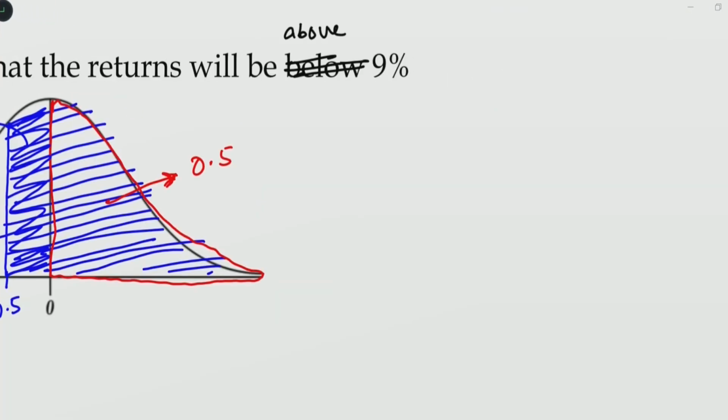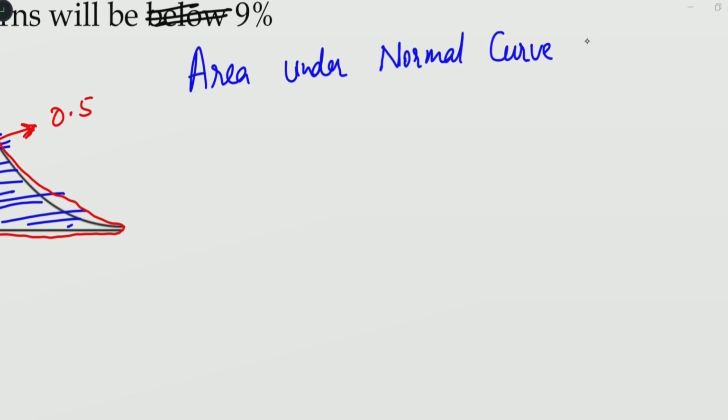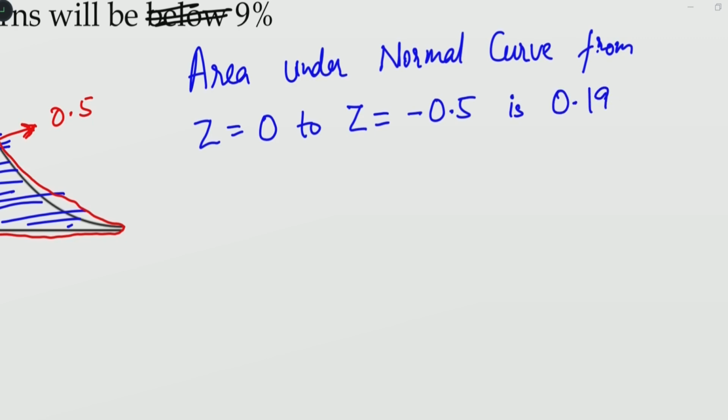So I would write: area under normal curve from Z equal to 0 to Z equal to negative 0.5 is 0.1915.